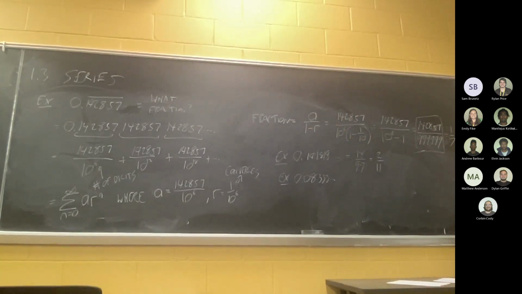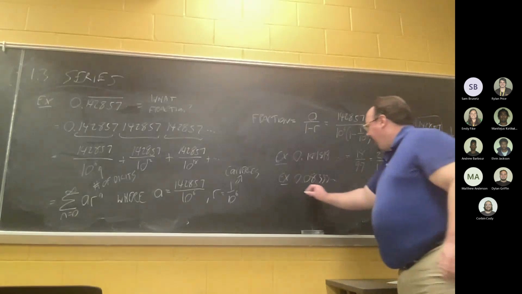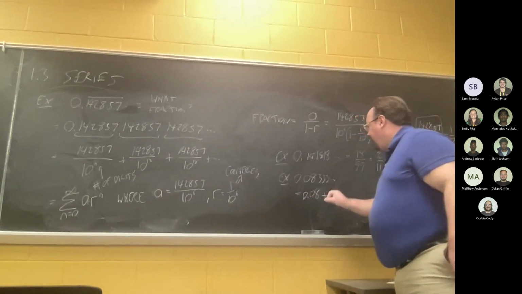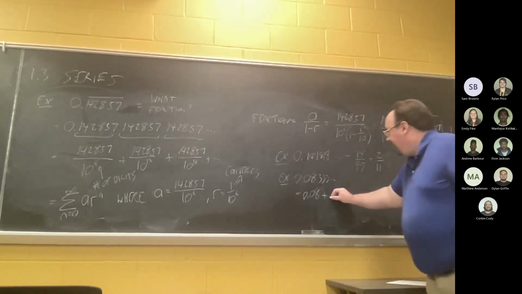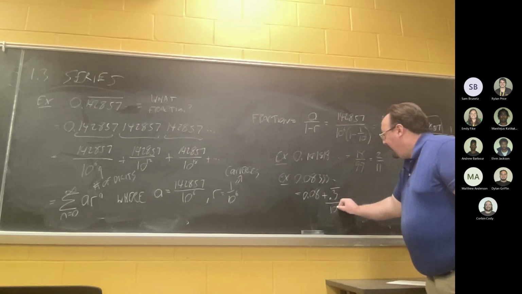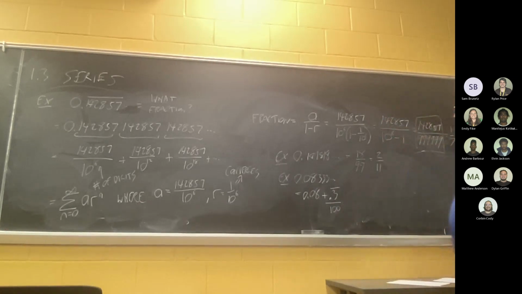0.083 repeating. So what you would do is break this down into 2 parts. So 0.08 that stands on its own, and then you have 0.3 repeating divided by 100.